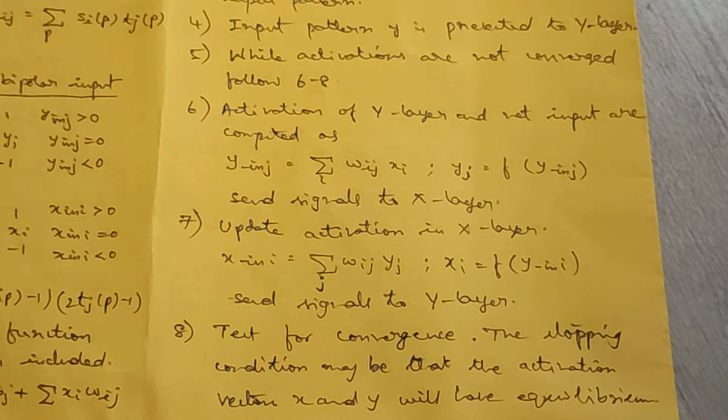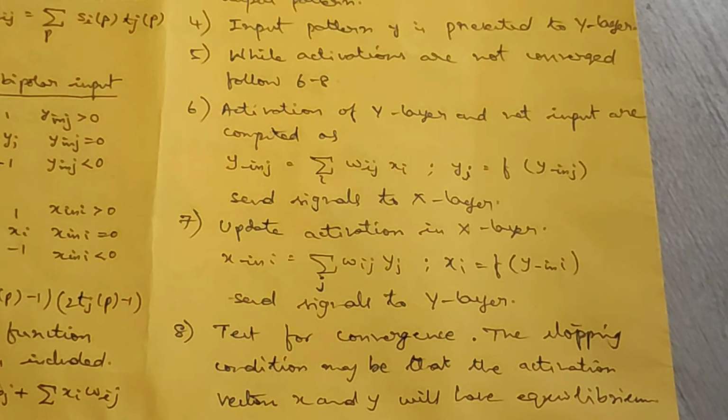These are the basics we have already discussed in the previous video on bidirectional associative memory. How to find the net input of the Y layer: Y_in_j is equal to sigma over i of w_ij x_i. Very simple. And the output y_j is equal to f of Y_in_j, where f is the activation function.